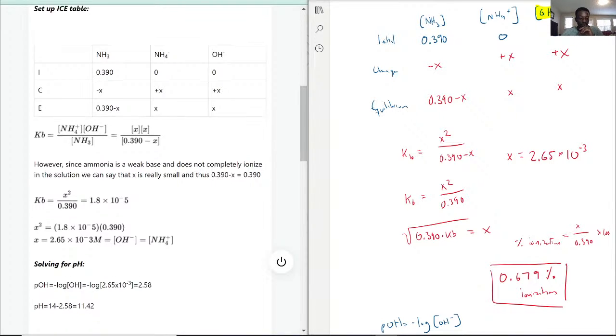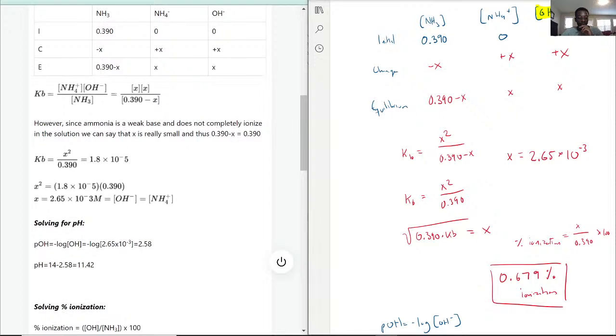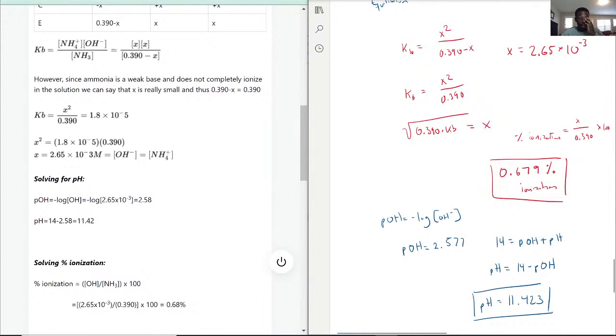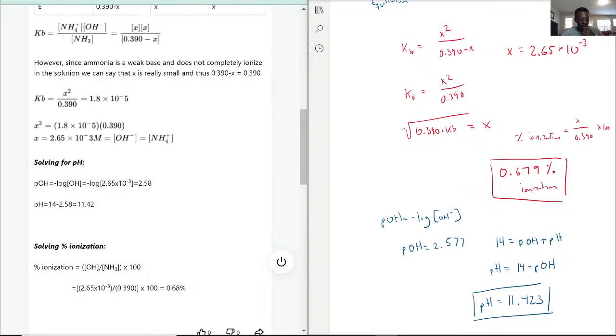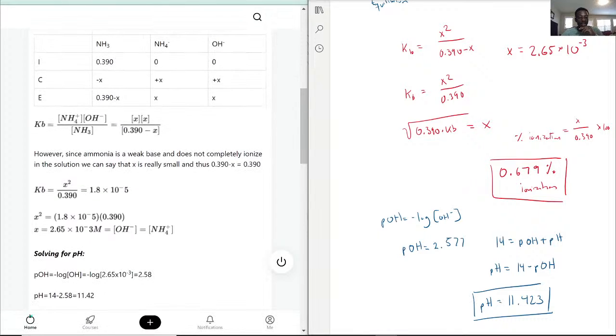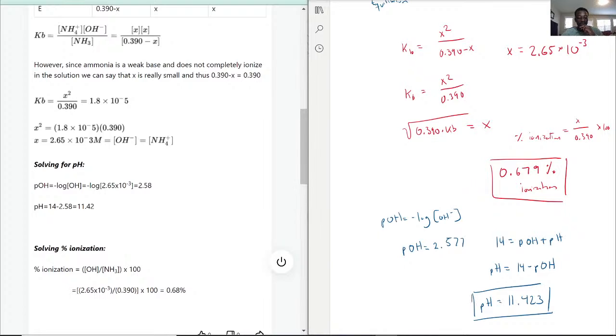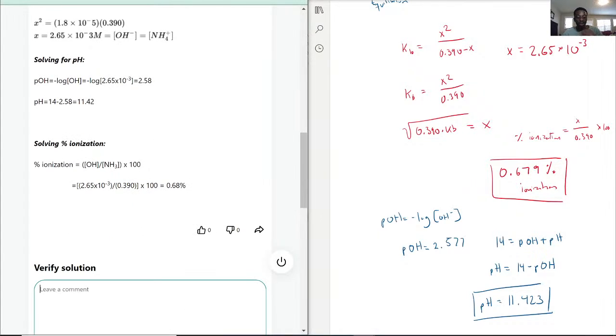The first thing they did was find the pH, which was indeed 11.42, and the percent ionization was the amount of hydroxide produced versus the total we were dealing with, not just the NH3, because technically the NH3 now is a little bit less. The percent ionization was 0.68, which is what I got. They just rounded a little bit differently. So this is correct.